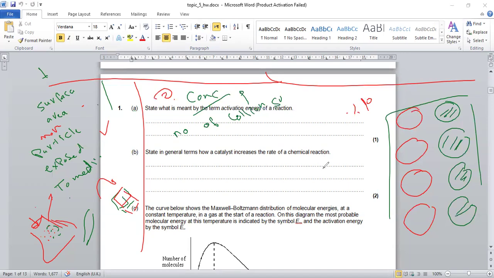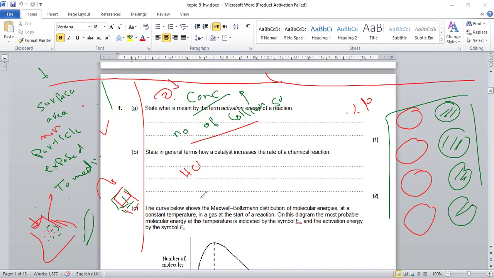Because there are more of the particles, the probability of collision increases. So increasing the concentration will increase the probability of collision. When we ask about concentration, we always talk about the probability of collision.